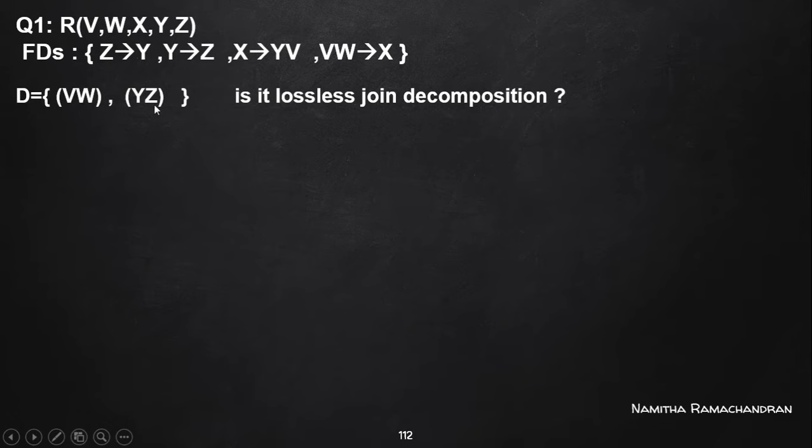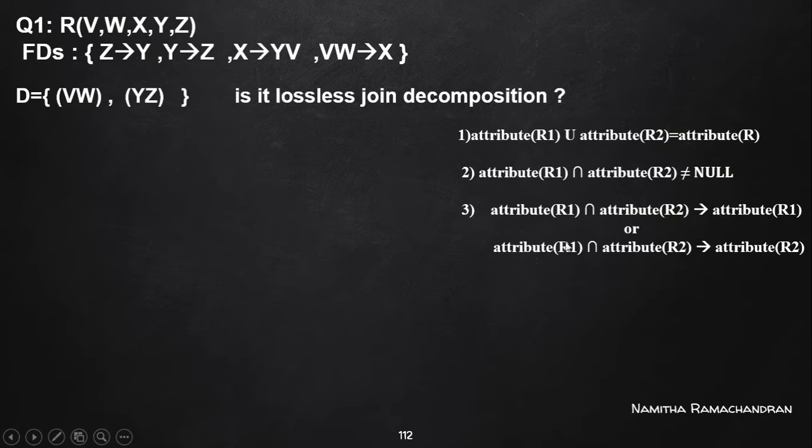The task is to check whether this decomposition is a lossless join decomposition or not. So these are the three conditions we want to check. We can go for condition 1 first.